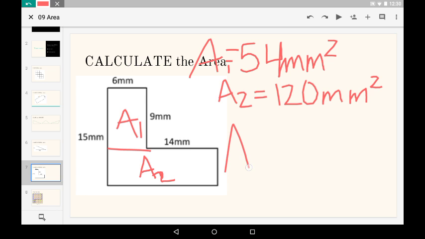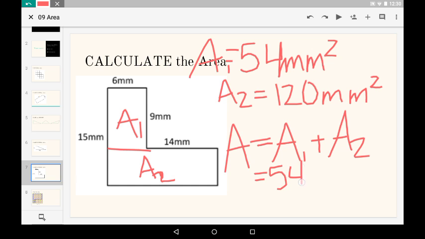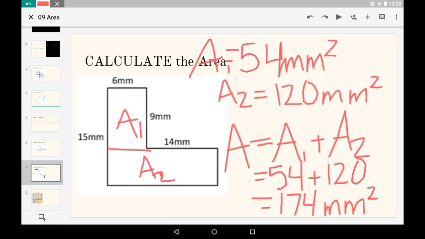And now to get the total area, I'm going to add up area 1 plus area 2. I'm going to add up 54 plus 120. And I'm going to get 174 millimeters squared.